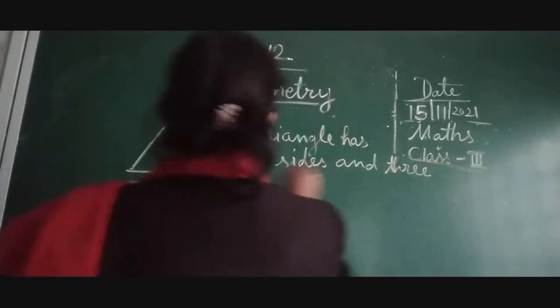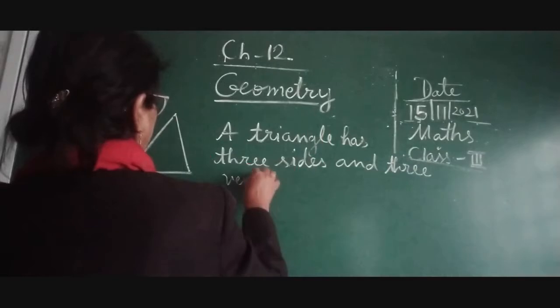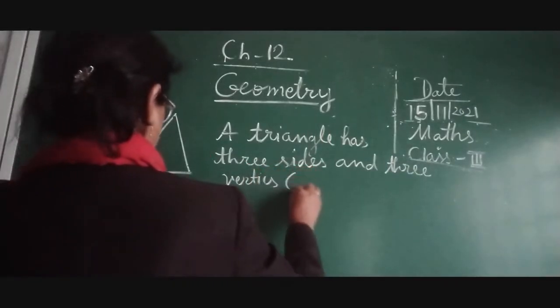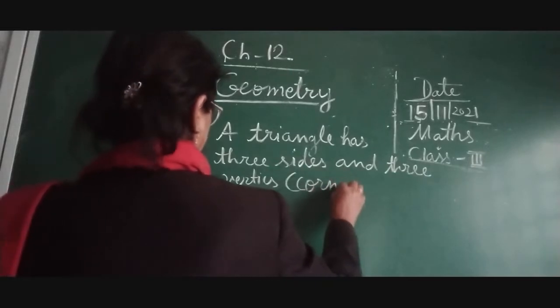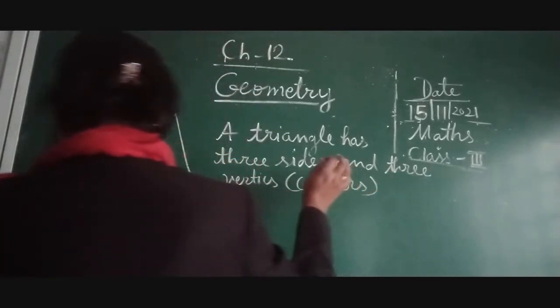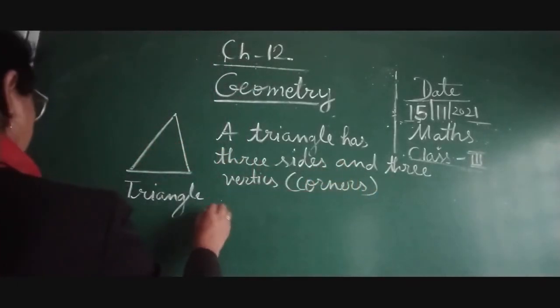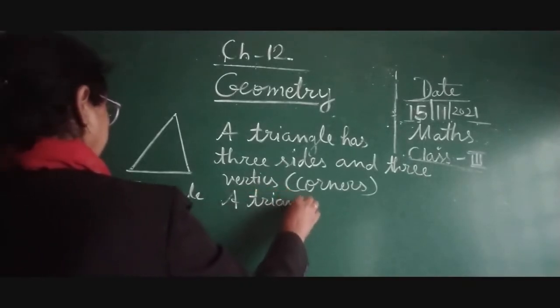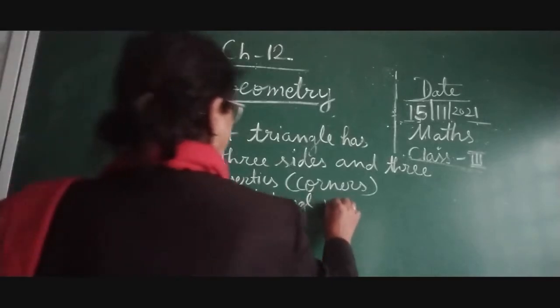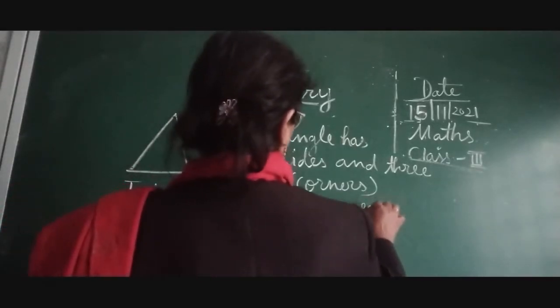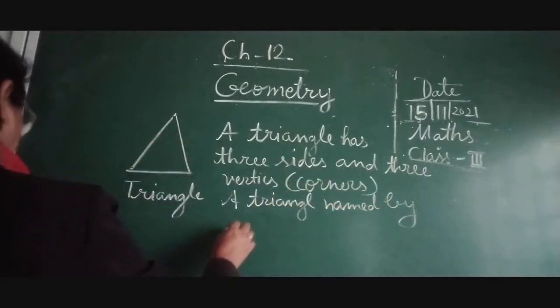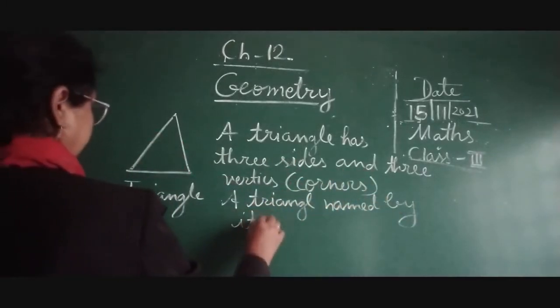Vertex means corners. A triangle is named by its vertices.